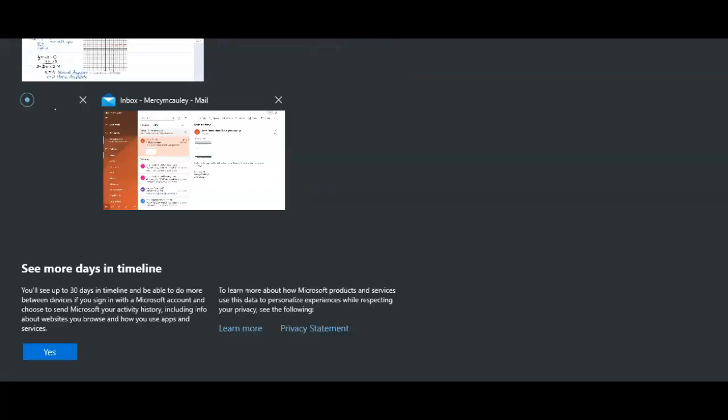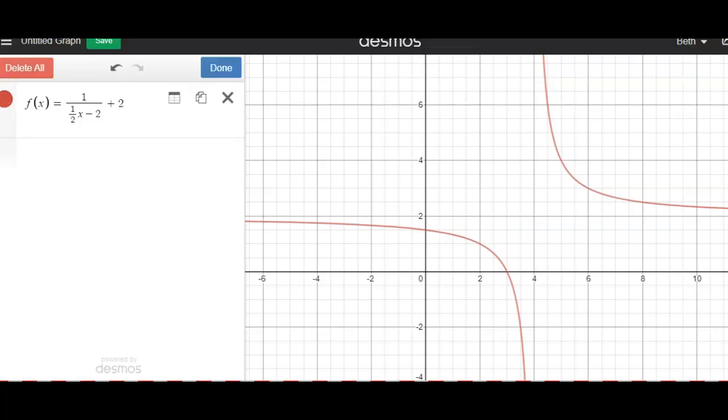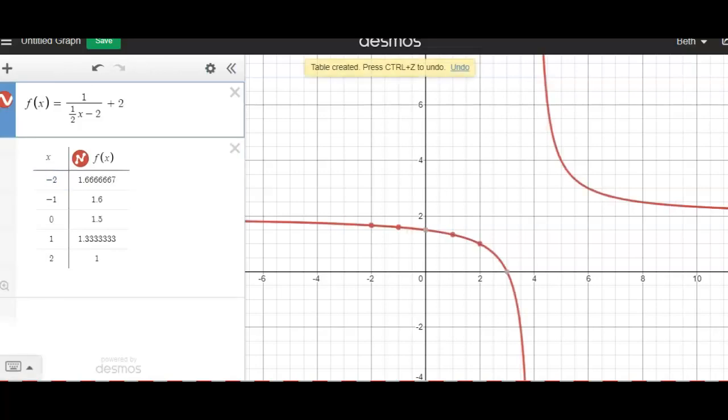I'm going to use Desmos, have it pulled up here. I've typed the equation into our first space, f of x equals, and the rest of it. And now I'm going to press this gear wheel in the table, and I can see many points popping up.